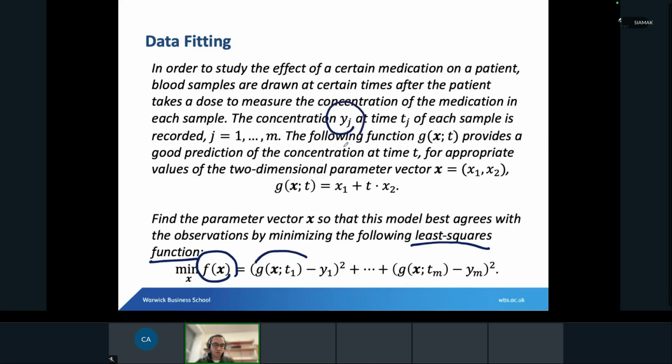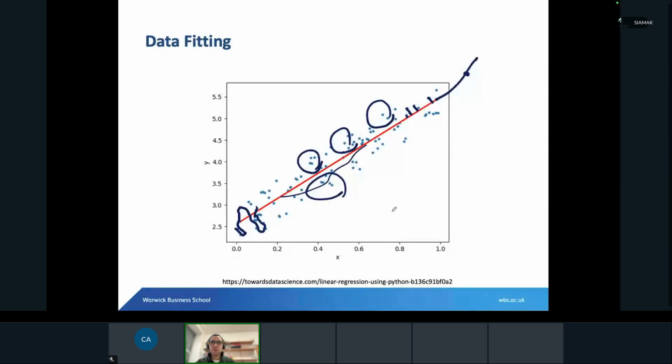Yj was given to us, which is the concentration at time tj. So these are our observations that we have. This is the prediction. This is the observation. What we want to do here is we want to minimize these errors that we have, the distance of these observations, because this is the observation that we have and this is the prediction.